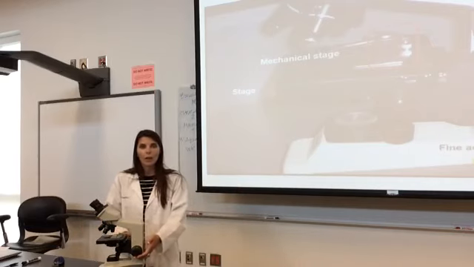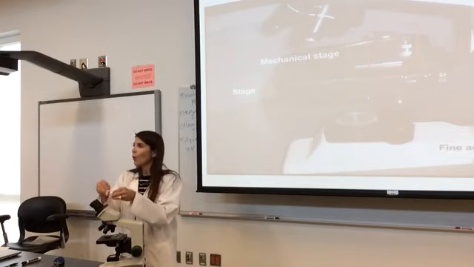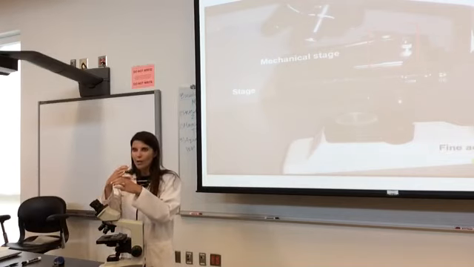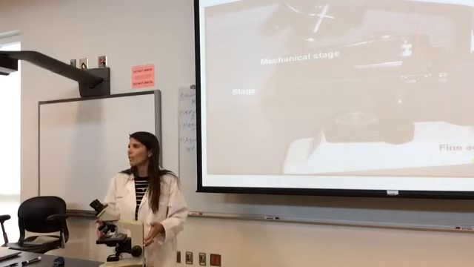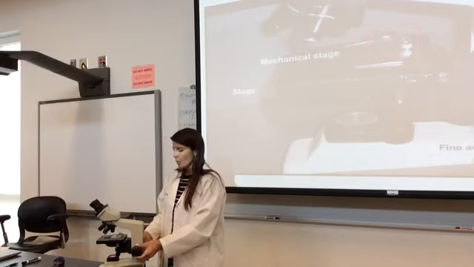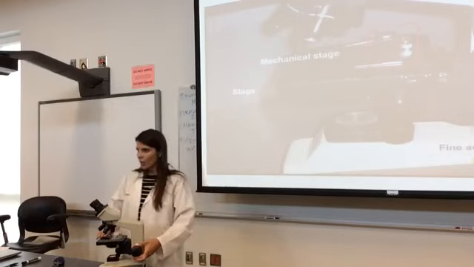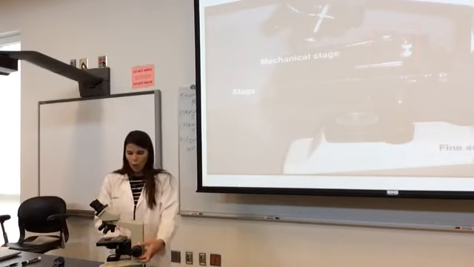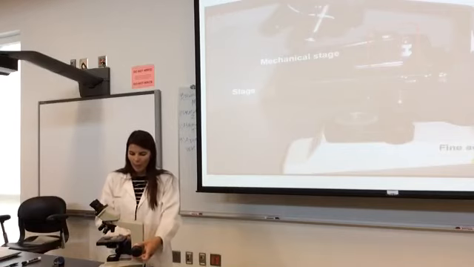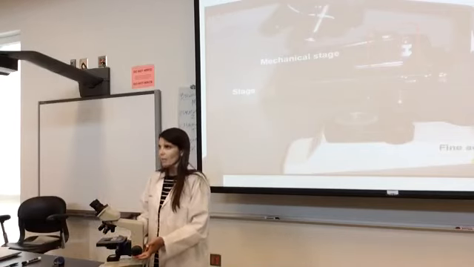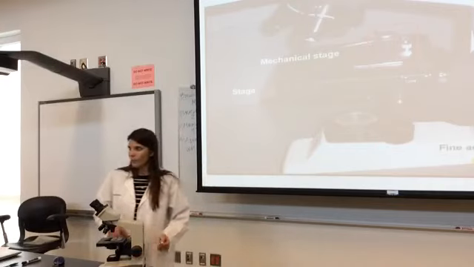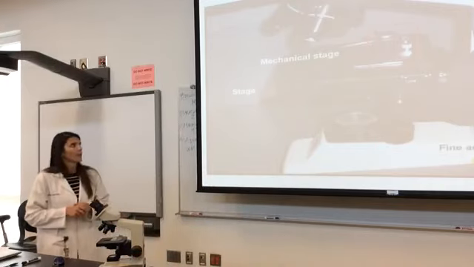Because these fine adjustment knobs are responsible for fine focusing, kind of like a camera would do, just to get the details of it. So it's not going to physically move the stage, okay? So you have your mechanical stage, coarse adjustment that moves the stage up and down, and fine adjustment that fine focuses it like a camera. All right? Questions?